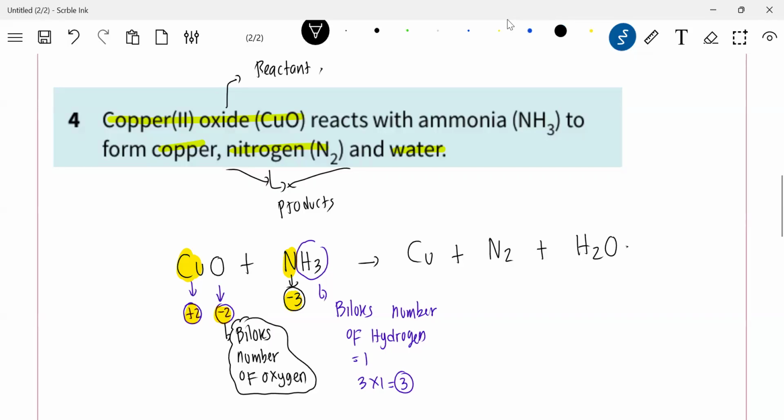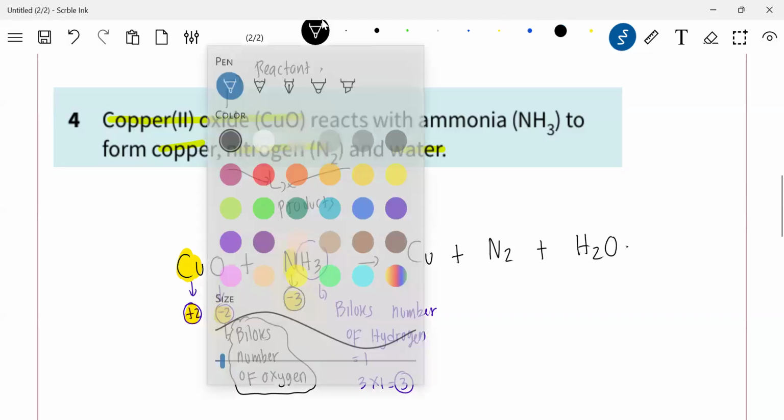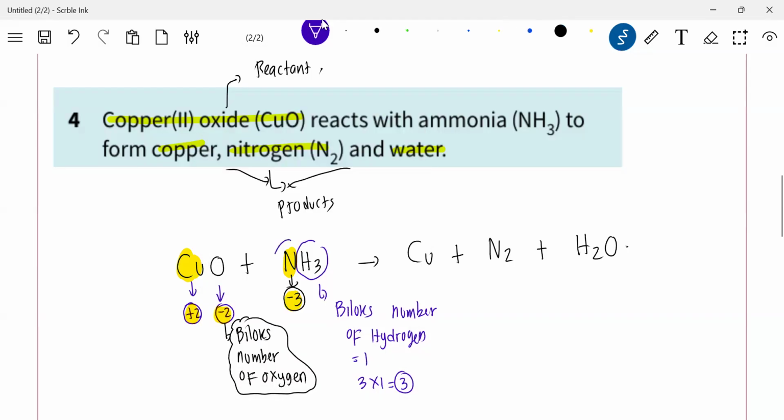Take a look. This is the change. This is the first nitrogen, negative 3. Take a look on the right. Nitrogen is 0. Why 0? Because these are atoms, not substances.